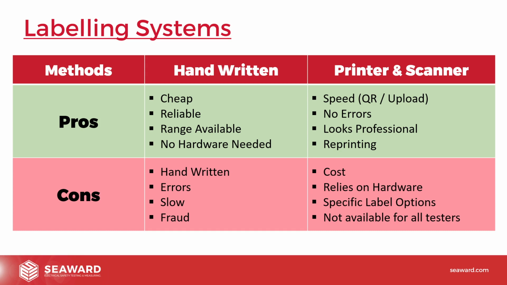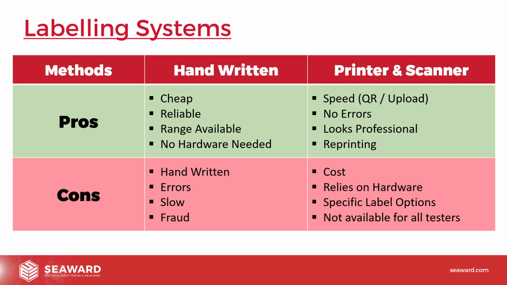So second point on there, you get errors. People write the wrong information. They write the wrong serial number, for example, or, like I say, screw up the writing. Slow. It is quite a slow process to write these things out by hand. It takes time, whereas if they're just zipping out of a printer, it's totally different.